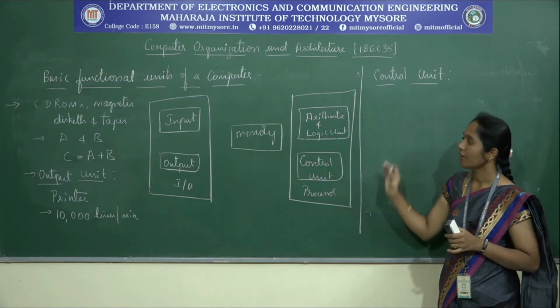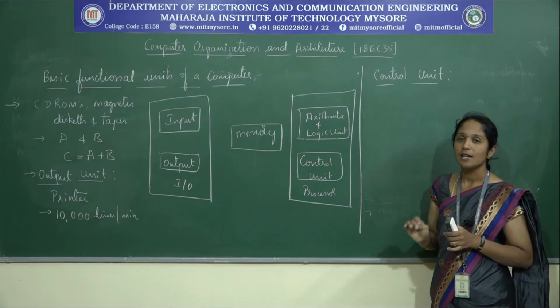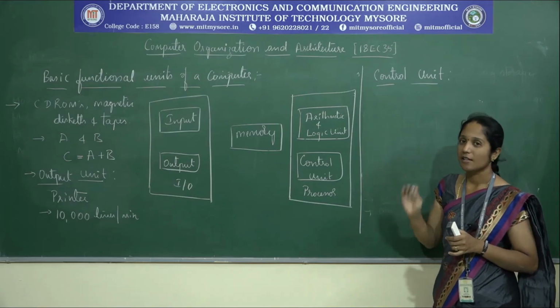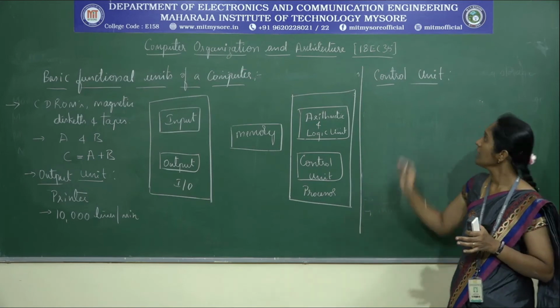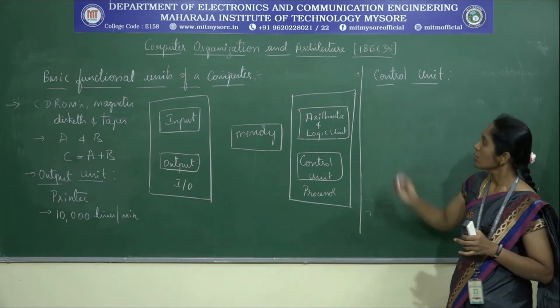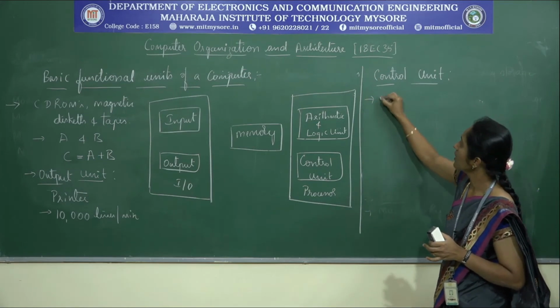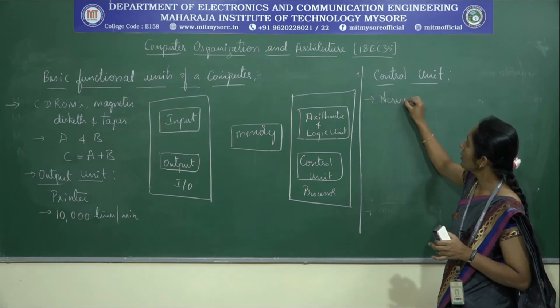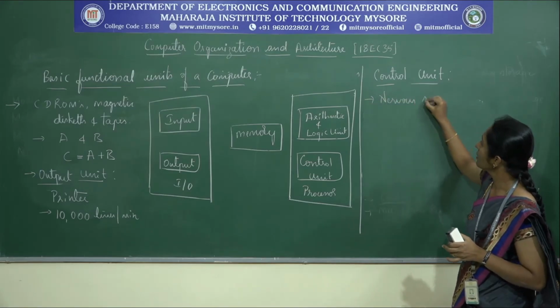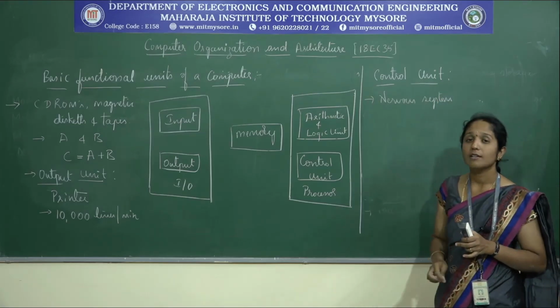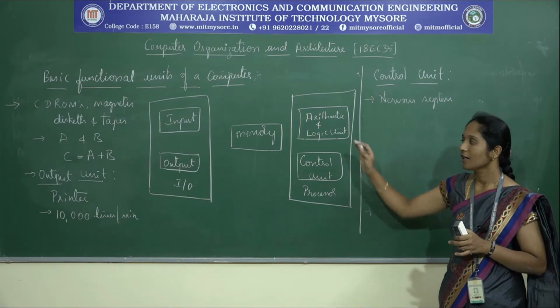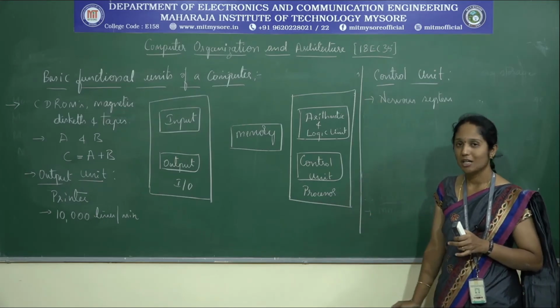All these functions have to be regulated in some way, and this regulation, the organization of all these, is done by the control unit. The control unit acts as the nervous system of a computer. It provides control signals and timing signals for the functional units of the computer.